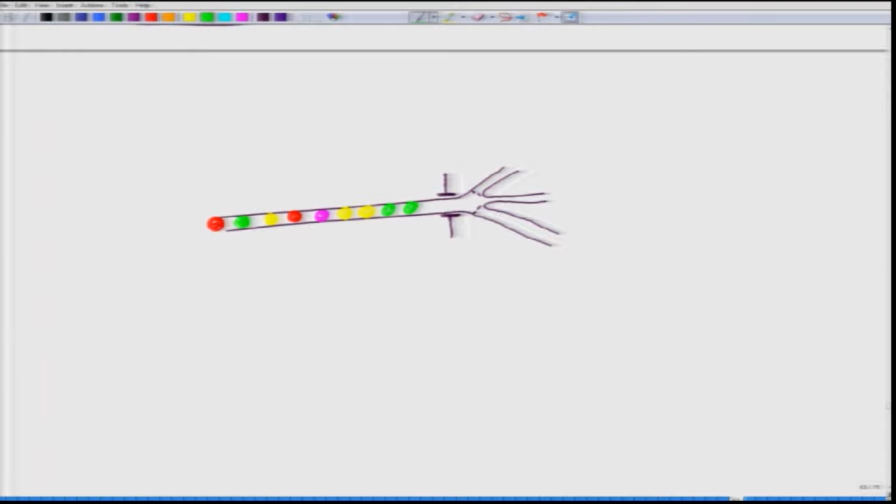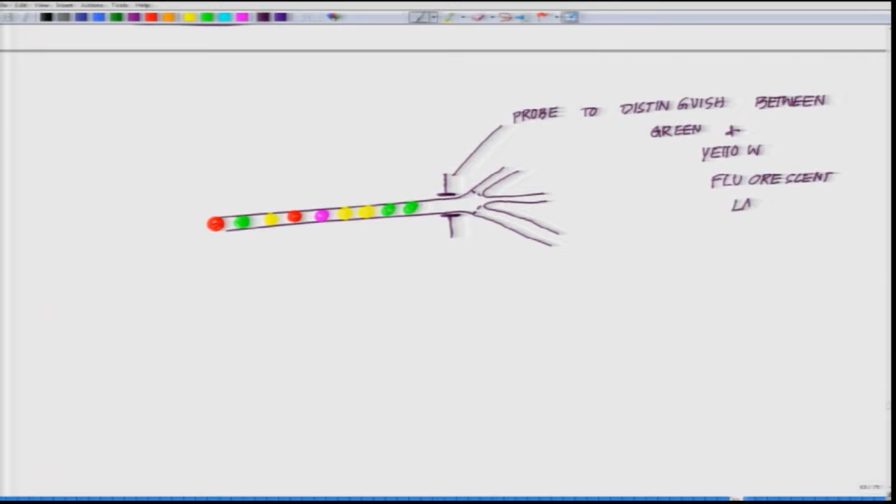Now, here you have the probe, a probe to distinguish, in this case study, between green and yellow fluorescent labels.